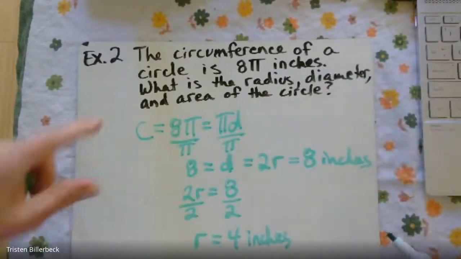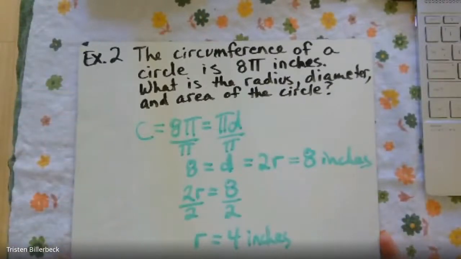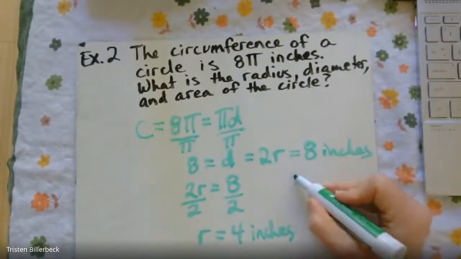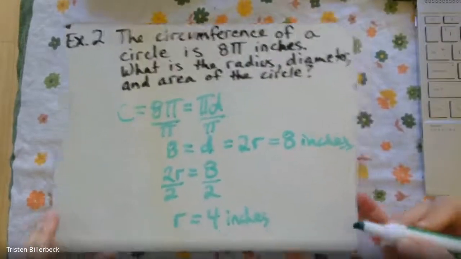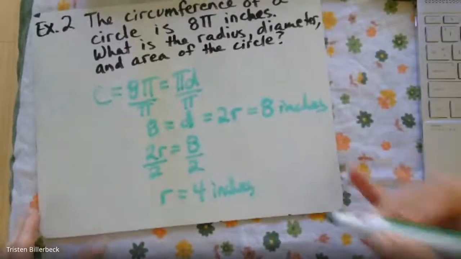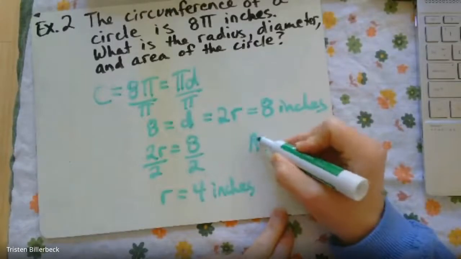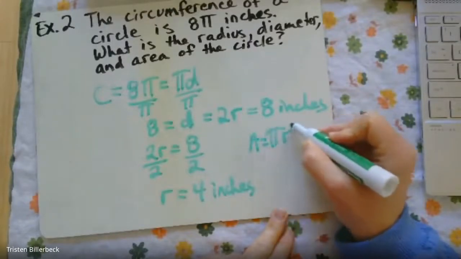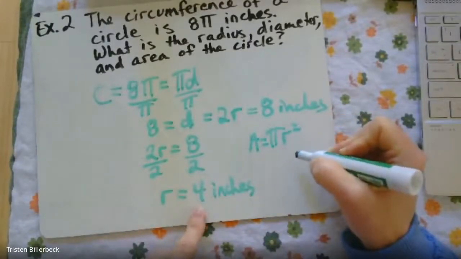Now, the last question was, what is the area of the circle? So if we look at area, so area equals pi r squared. Well, we just found the radius.